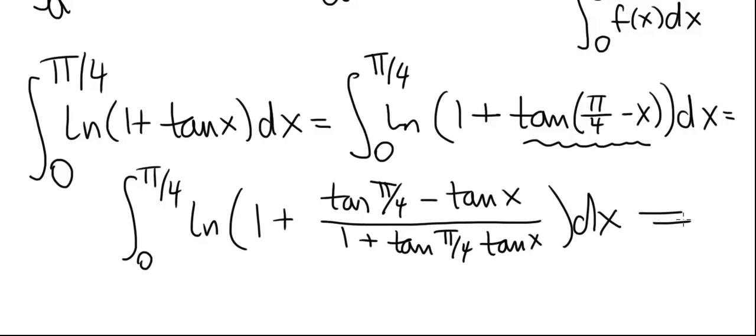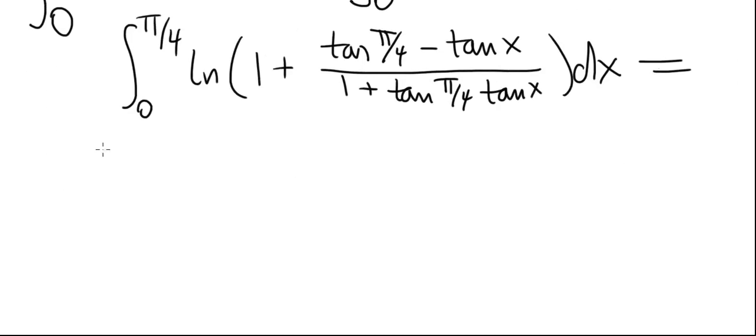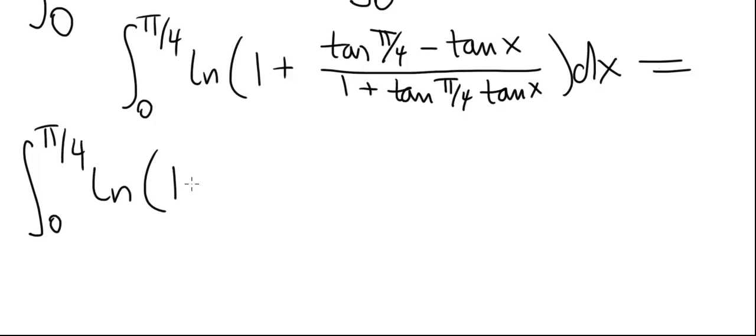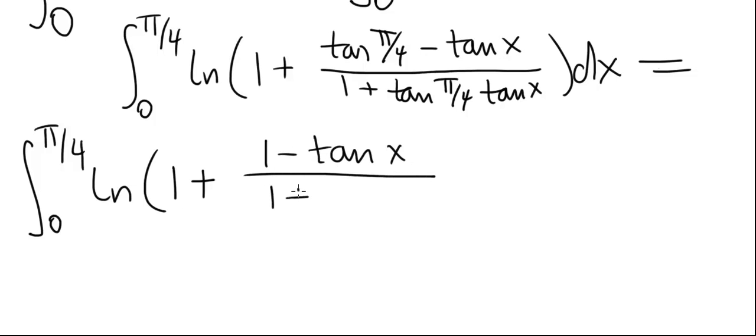Now recall, tangent pi over 4 is 1. So this is the integral from 0 to pi over 4 of natural log of 1 plus 1 minus tangent of x divided by 1 plus tangent of x.